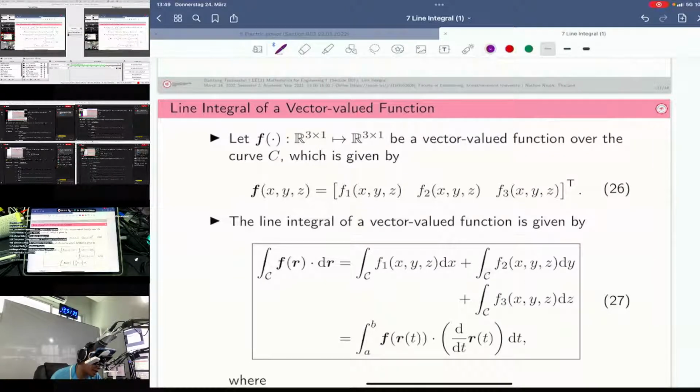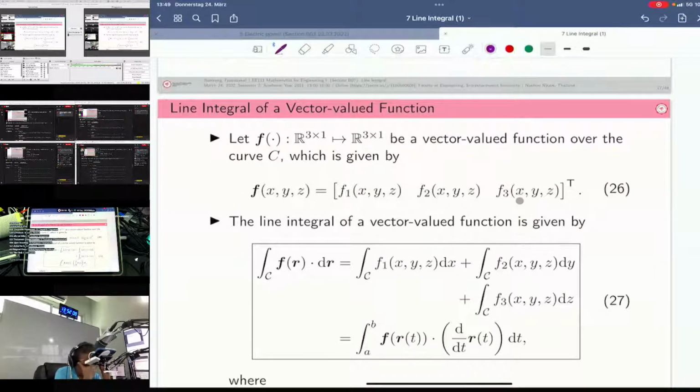It's going to be the integration of the first function with respect to variable x along the curve C, plus the integration of the second function with respect to the second variable, which is variable y along the curve C, and plus the last term, which is the integration of the third component with respect to the third variable, which is variable z.